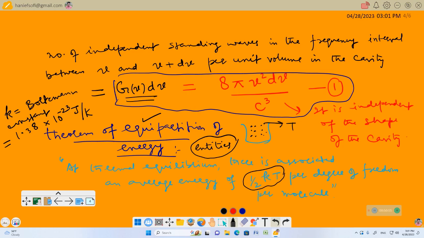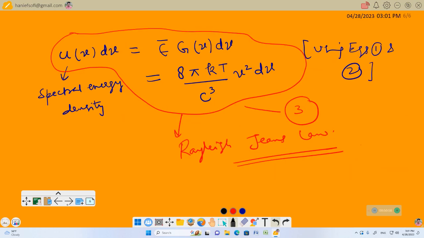So Rayleigh-Jeans law is the attempt made by Rayleigh and Jeans to use classical physics to explain the black body spectrum, which, as I indicated, is not going to yield the shape of the curve. Now, what is wrong and how to correct it, we will discuss in the next lecture.